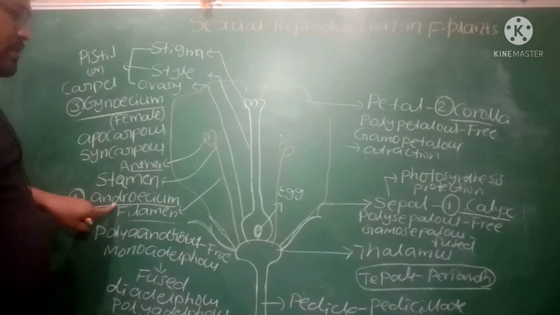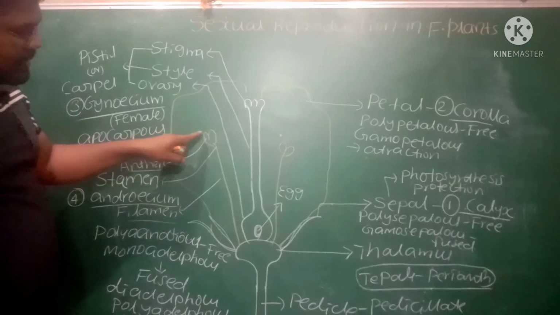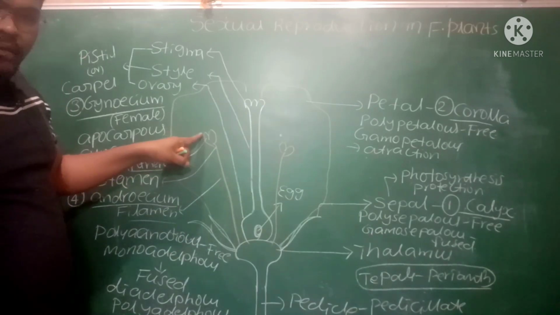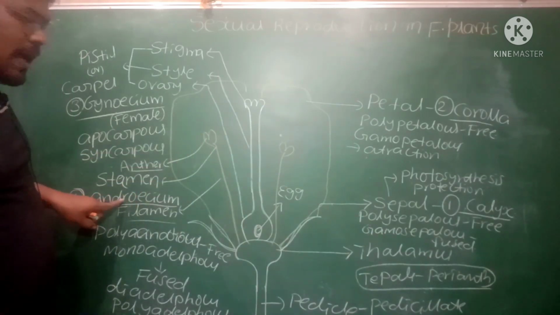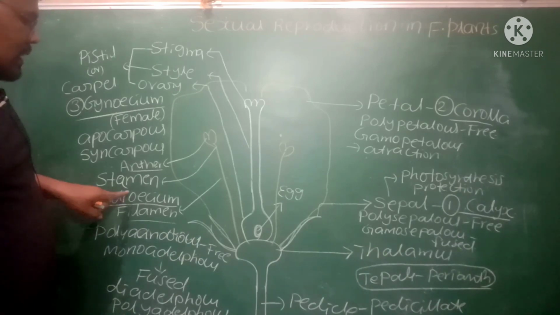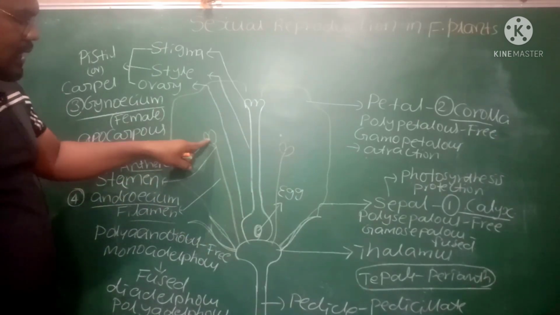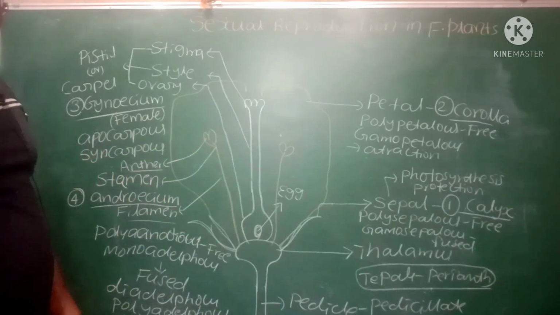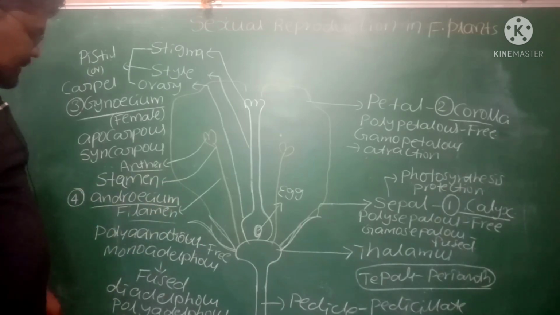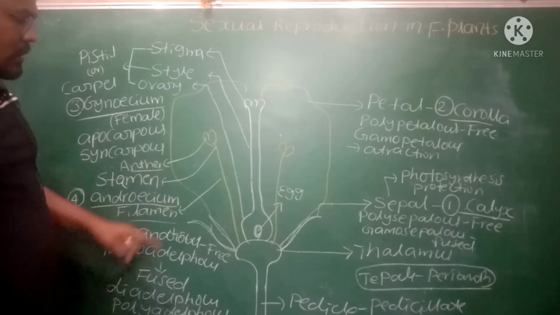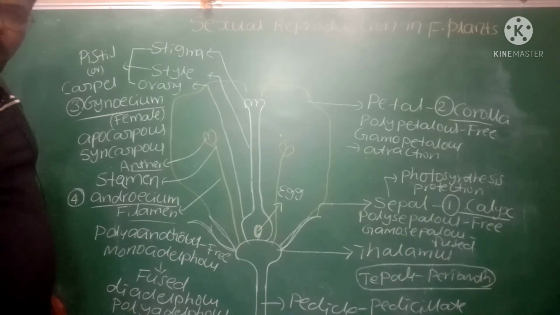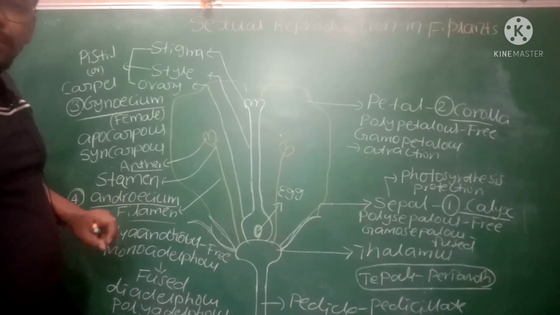After that, androecium. All stamens which are present in the flower combinedly form the androecium. It is the male reproductive organ of a flower. Each stamen of the androecium is made with anther and filament. These stamens may be free or fused.